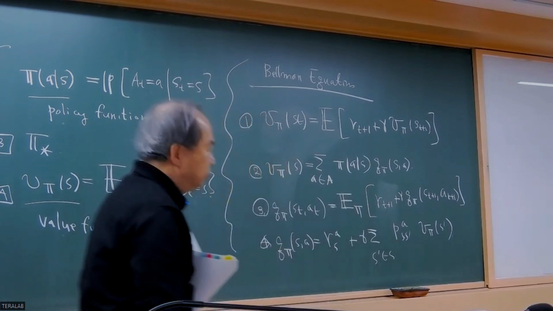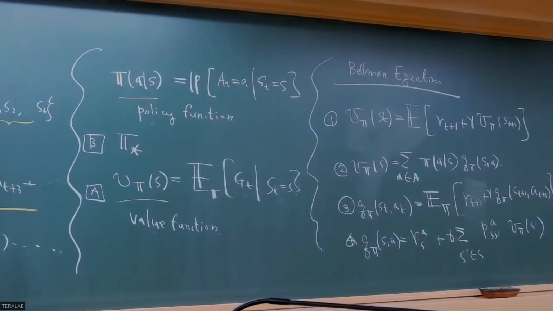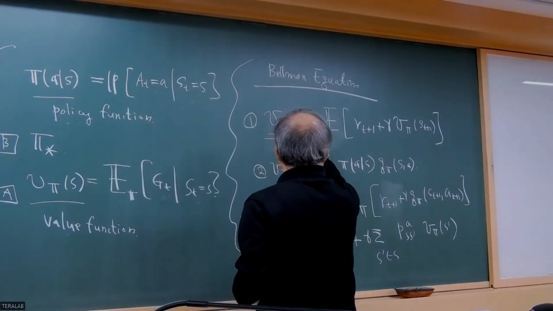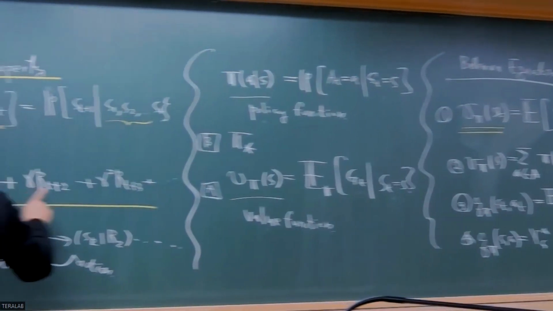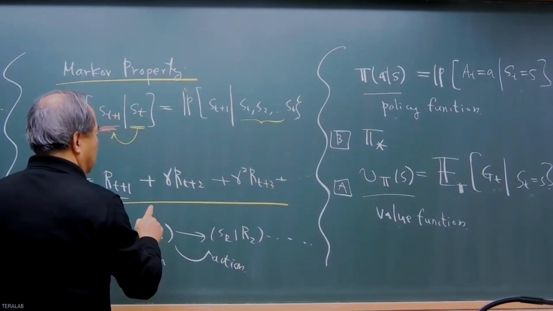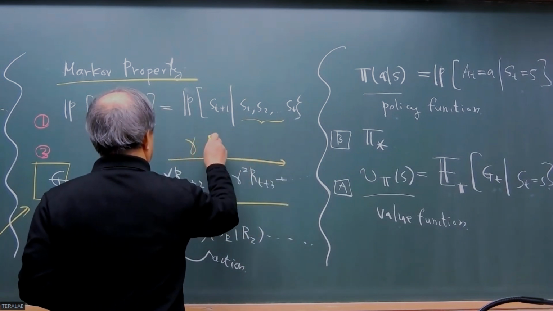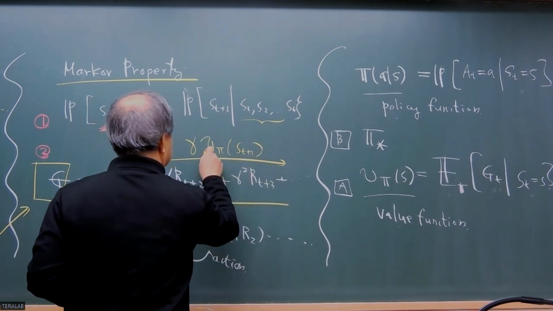It is not easy to instantaneously understand the Bellman equation, but let me try as much as possible. Value function is expected return. Actually, we have to add all the future reward. But what we found is that this part can be summarized by a single term.